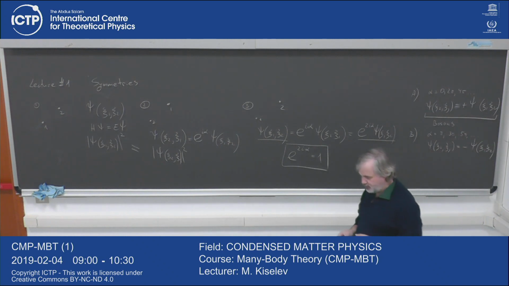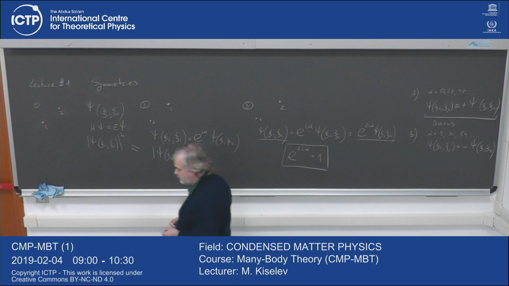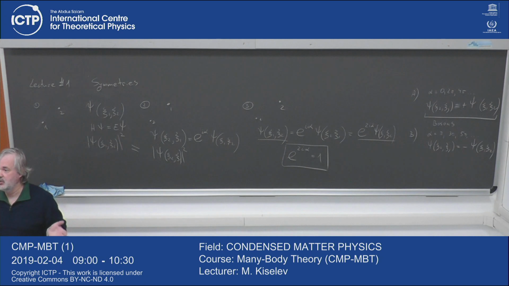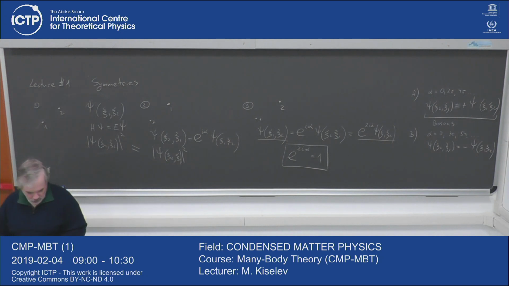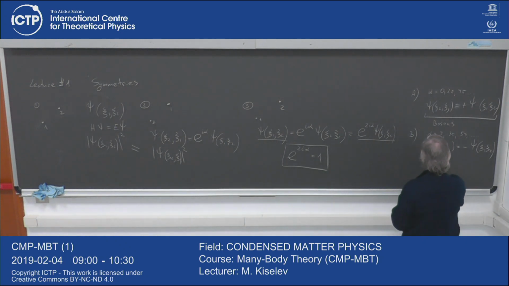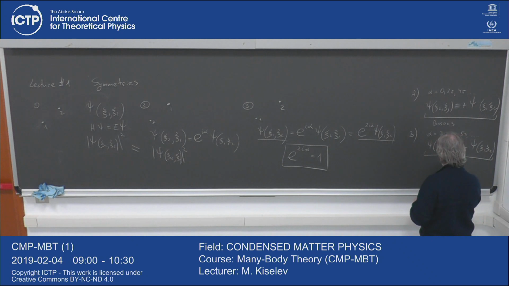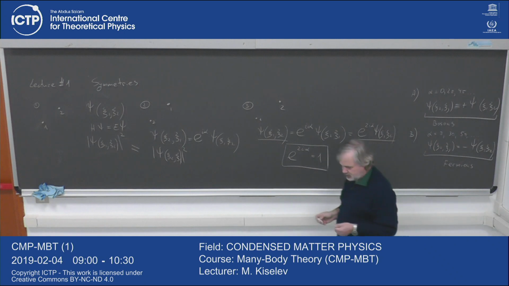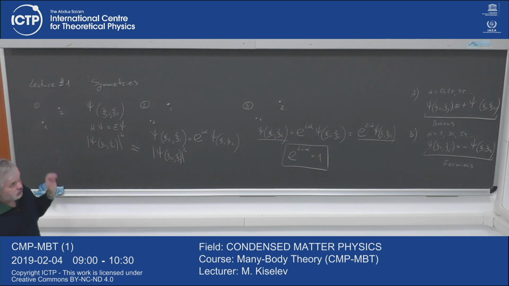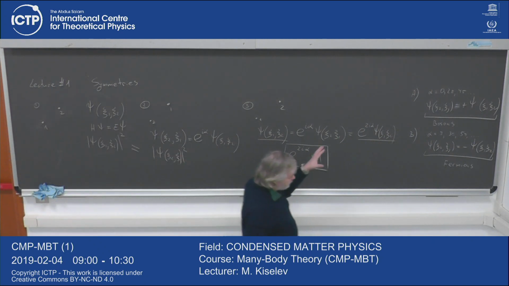So by interchanging two particles, we arrive at appearance of the sign minus, which means that the wave function of, in particular case, two non-interacting particles is fully antisymmetric. So these are fermions. So you see that just from the assumption of indistinguishability of two particles, we arrive at some conclusions which allowed two possible solutions.